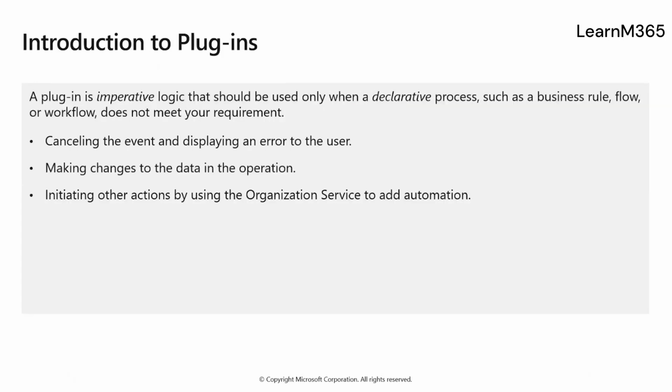Now, let me give you more detail on plugins. Initially I told you that plugins are .NET assemblies, right? So basically a plugin is imperative logic that should be used only when declarative processes such as business rules, flows, or workflows do not meet your requirement.